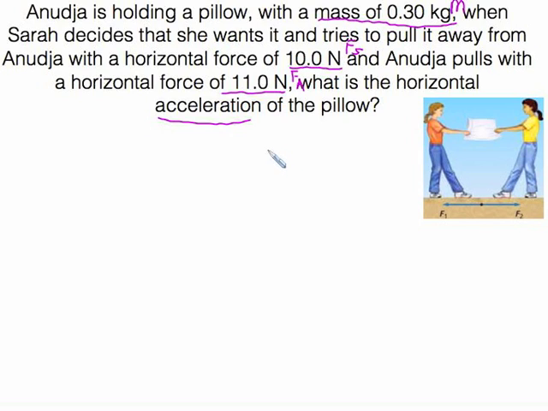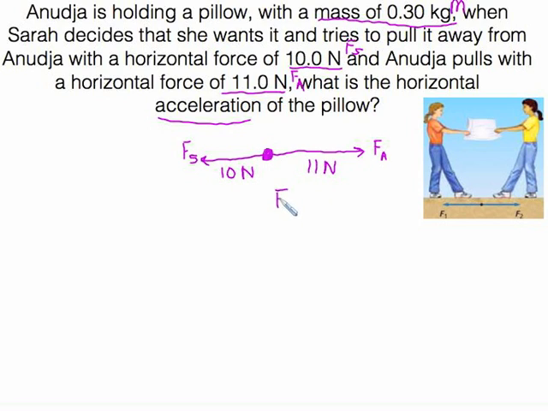So the first thing you want to do is go ahead and draw a free body diagram. So if this is the direction that Anuja is pulling, this is F A, and it's 11 newtons. And then we have Sarah's force of F S and 10 newtons.